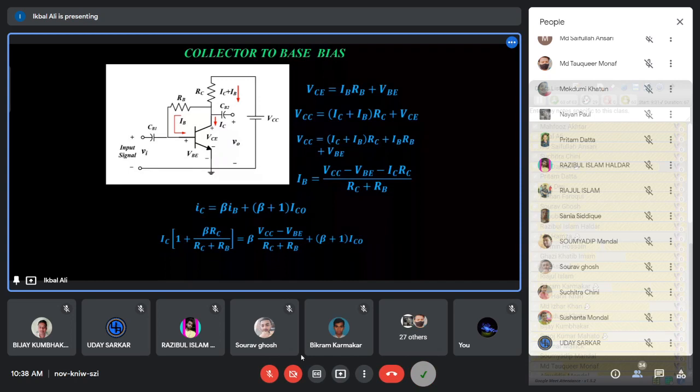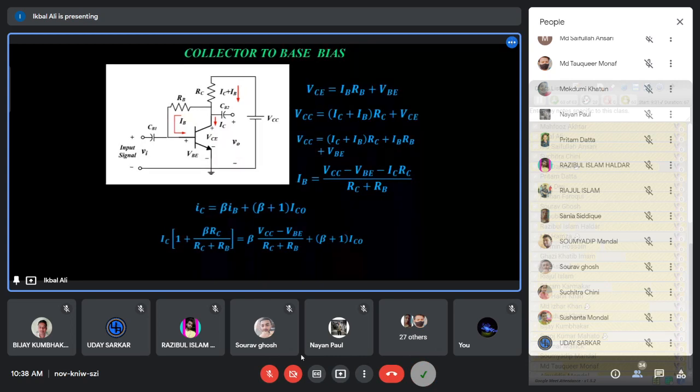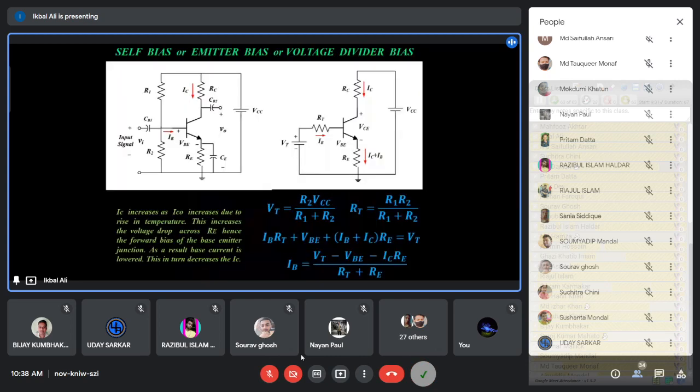But in case of self bias or the emitter bias circuit, this collector current change due to temperature change will be automatically corrected. The circuit will automatically correct the collector current change.